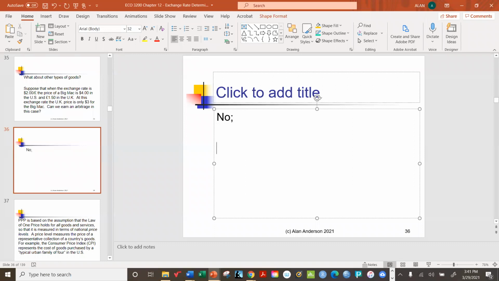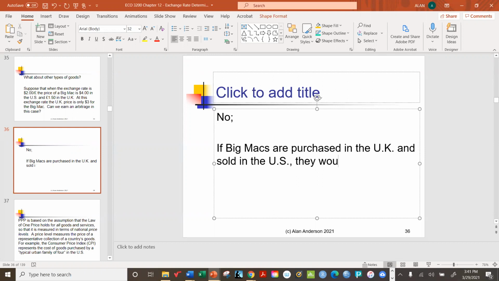Number one, if Big Macs are purchased in the UK and sold in the US, they would have spoiled by the time they reached the US, which is not true of gold.